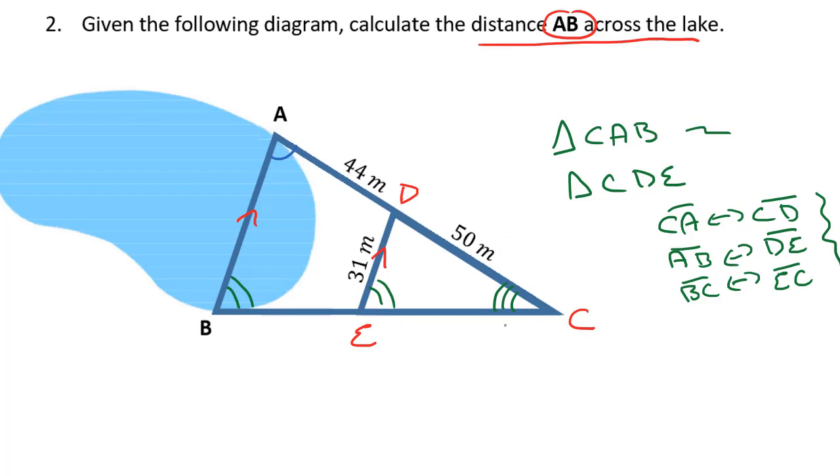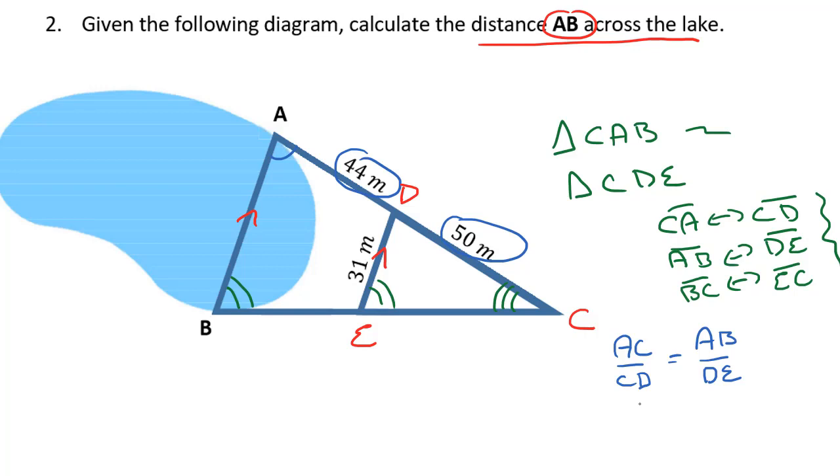The proportions that we're going to use are side AC, and the corresponding side to AC is CD, with AB, which is what we want to find, and the corresponding side to AB is DE. Now, do we have information about these? Well, taking a look at AC, we know that the measure of AC is going to be 50 meters plus 44 meters.